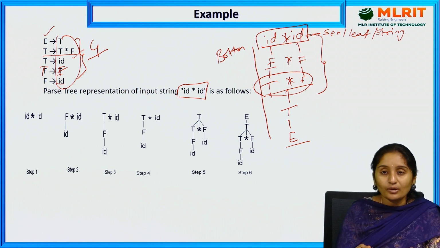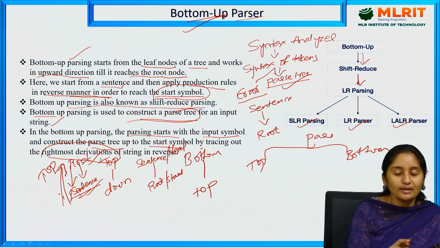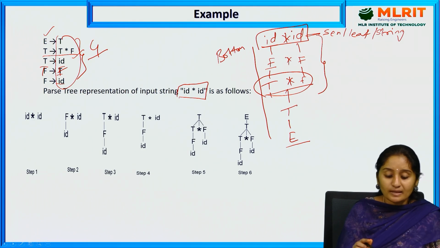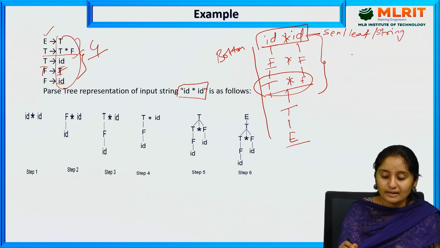So, what we have discussed here: in the bottom-up parser, the parsing starts with the input symbol and constructs the parse tree up to the start symbol by tracing out rightmost derivations in reverse manner. That is the condition we have written.